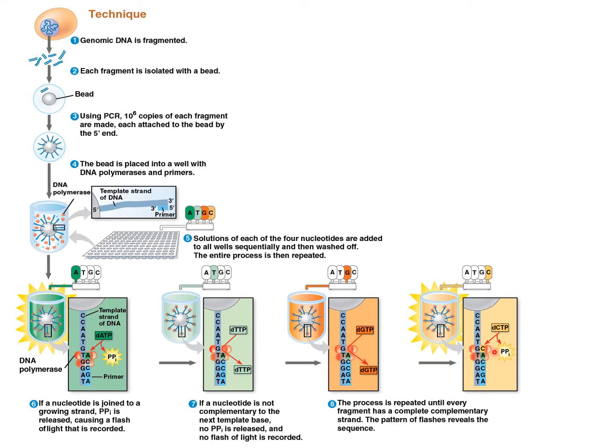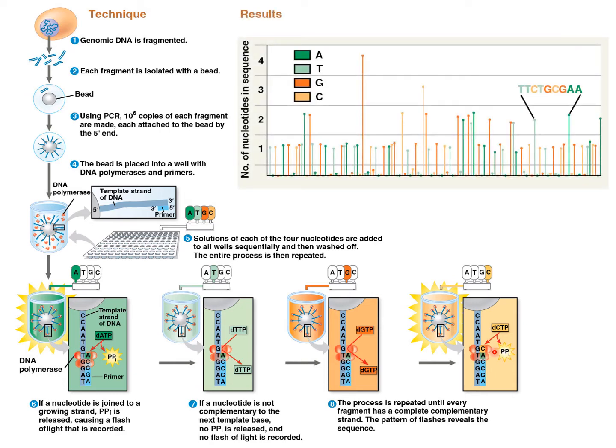And of course, all of the flashes of light are recorded by the instrument. You can see here, this is very similar to what you saw on the previous slide. This is just an example of a pyrogram from one of the newer methods. Here we have a thymine.